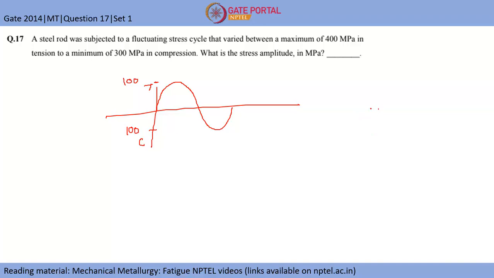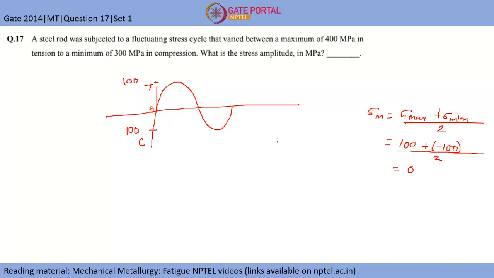Now you have to calculate sigma mean. So sigma mean will be basically sigma max plus sigma min divided by 2, right? So this will be 100 plus minus 100 divided by 2, hence sigma mean will be 0, which is this point.